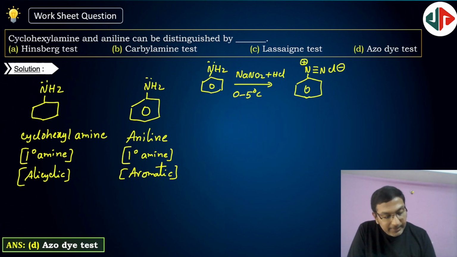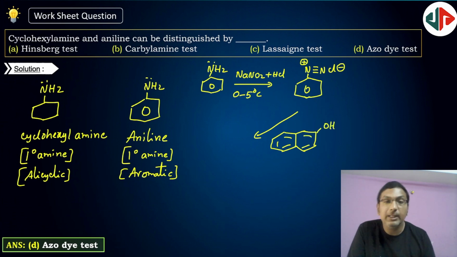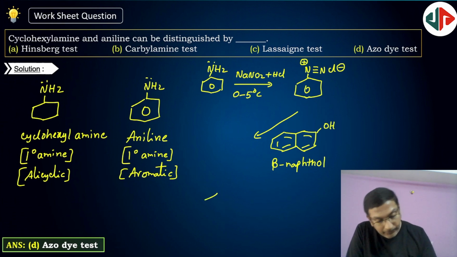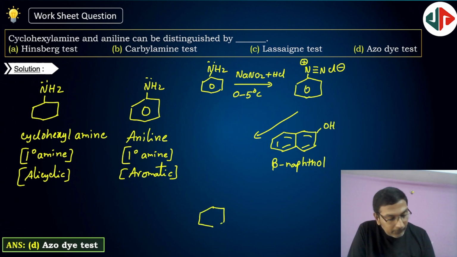So which on reaction with beta naphthol gives the final compound, a naphthalene derivative.